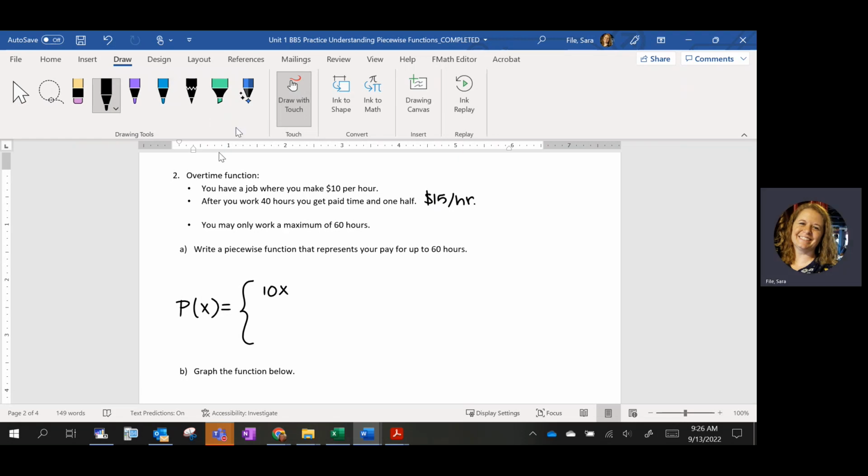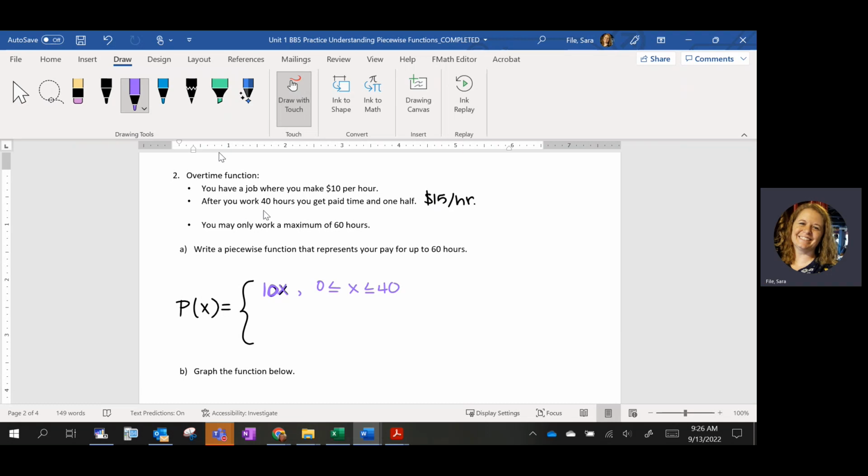And I'm going to color code again. What is the restriction? What is the domain interval for that? It's up to 40 hours. So 0 to 40, and we include both the 0 and the 40, because it's up to 40 hours.